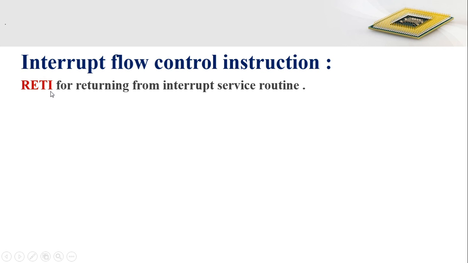RET is used in the case of a subroutine call. Inside the subroutine body, we have the RET instruction at the end, indicating we need to return from the subroutine body to the main program. Here, in the case of an interrupt request, inside the interrupt service routine at the end we have this RETI instruction. Executing this instruction transfers control from the interrupt service routine back to the suspended main program.